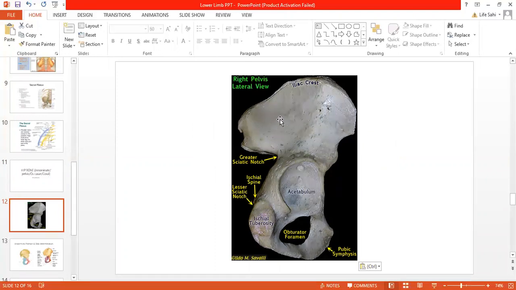So the superior, thin, flat part of the hip bone is called ilium. The thick postero-inferior part is referred to as ischium, and the thin antero-inferior part is called pubis.